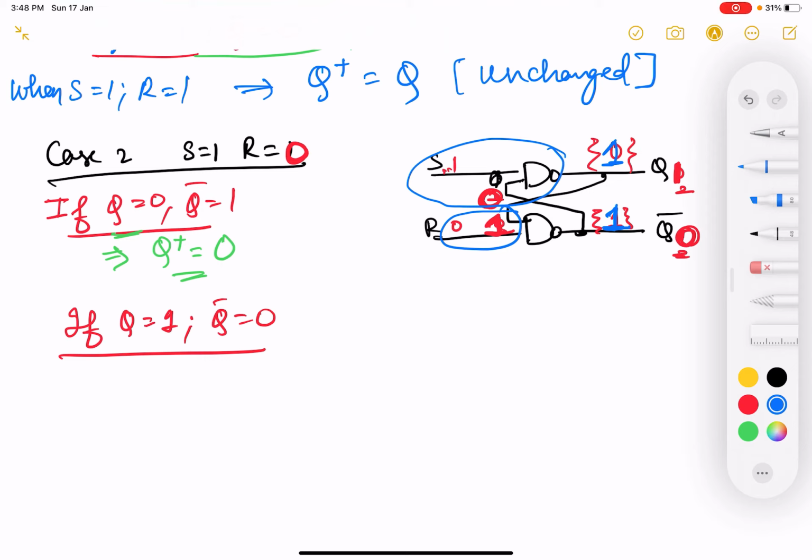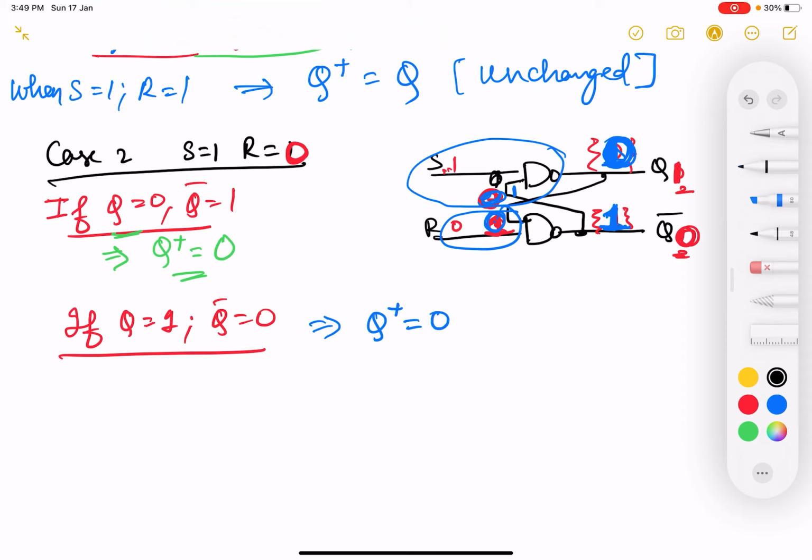But now the output is not in the stable state, it is in the intermediate state, since this one is again going over here and this one is going over here. So now the input to the upper NAND gate will be 1, since this one is also going back to the NAND gate, and when 1 and 1 is applied, the output of NAND gate becomes 0, and this 0 now will come over to lower NAND gate. When 0 and 0 is applied, the output comes out to be 1. Now the output becomes stable, and hence we can say that the next output state, that is Q, comes out to be 0.